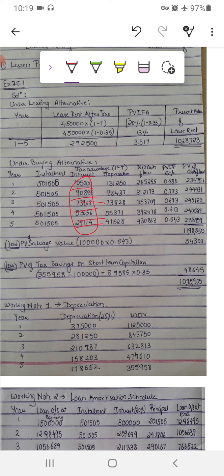Next is calculation of depreciation after tax. So here we have the depreciation value 3,75,000, but that is before tax. How do you convert into after tax?